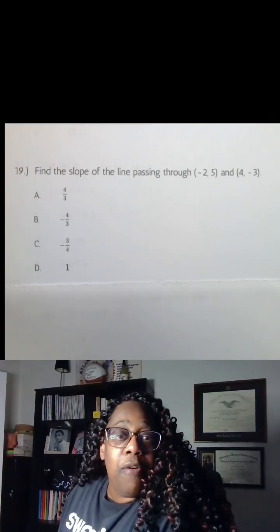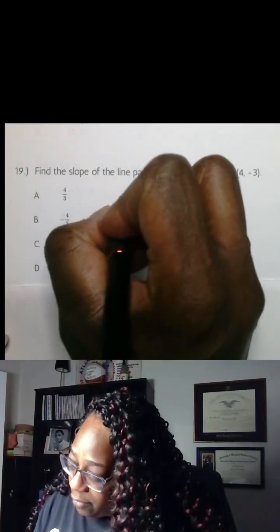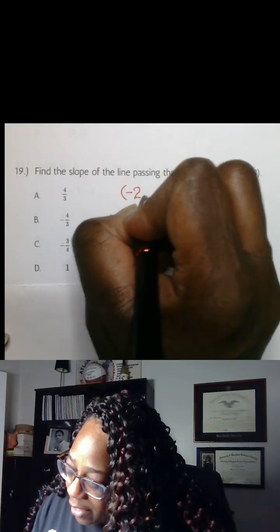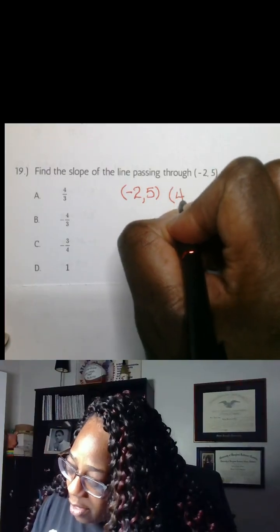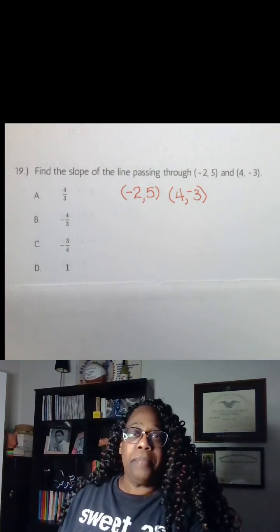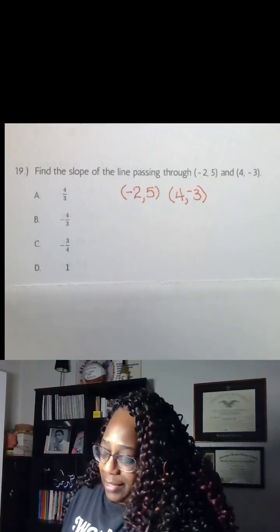All right, so find the slope of the line passing through, and I'll even rewrite the numbers, (-2, 5) and (4, -3). We need to know what the slope is.